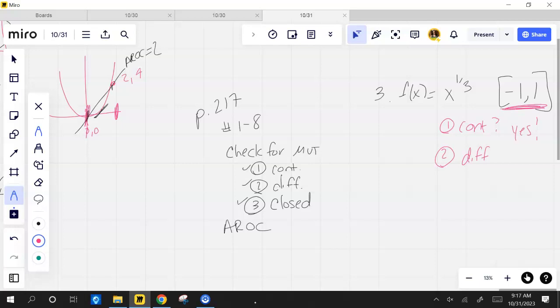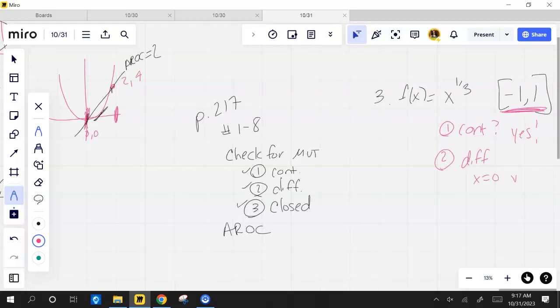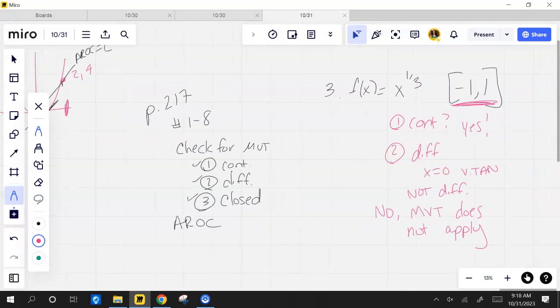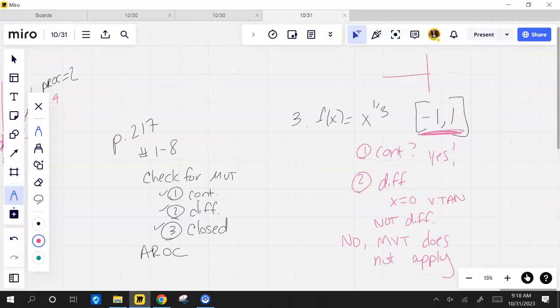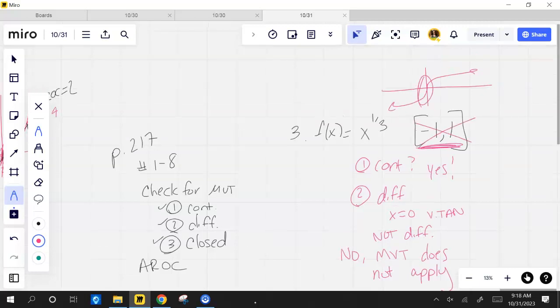No, that's right. x equals 0 is a vertical tangent, so it's not differentiable at x equals 0. So I would say, no, MVT does not apply, and then go to the next one. Okay, so this is one of those special ones, those cube roots that look like this, have a vertical tangent at 0. Now, if they had given me the domain 1 to 5, yeah, it would work then, because there's no vertical tangent between 1 and 5. The vertical tangent happens at 0.